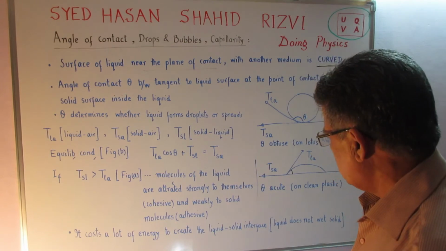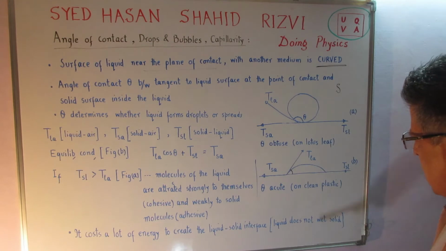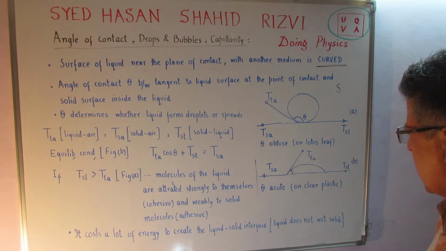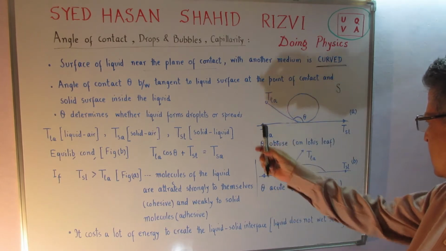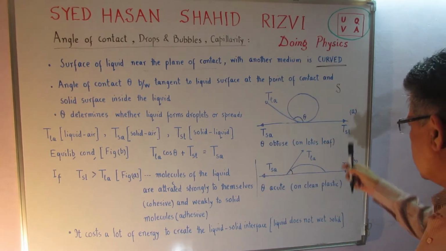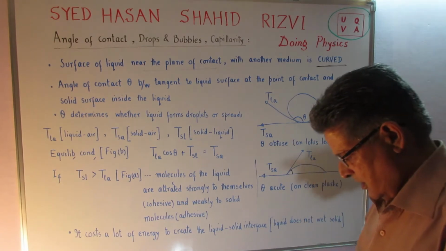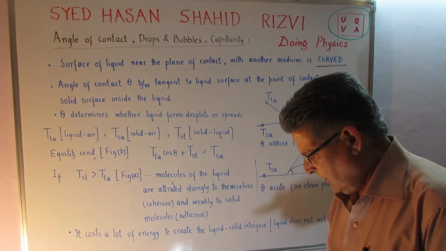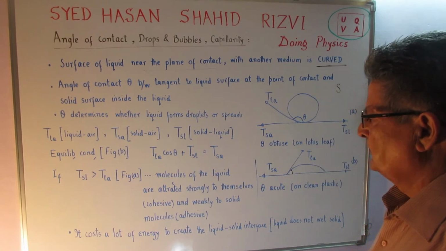Now if we look at the figure B here, okay, and I show that this angle is an acute angle, theta, TSA on this side like here, TSL on this side like here, and TLA is making between the liquid and air, the angle is acute.